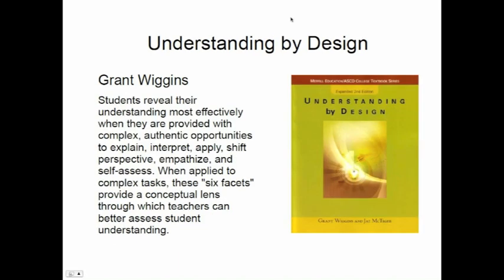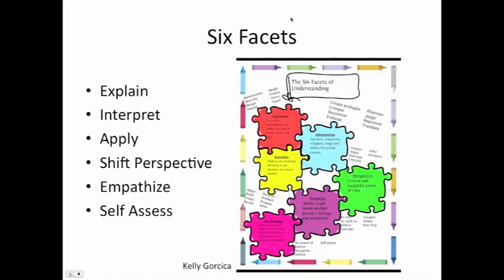So to break that down even further, he talked about 6 facets of learning. That the process of learning involves these 6 different pieces. And that these 6 facets of understanding should be seen in terms of explaining ideas, interpreting information, applying information, changing perspective on something once you look at it in different ways.